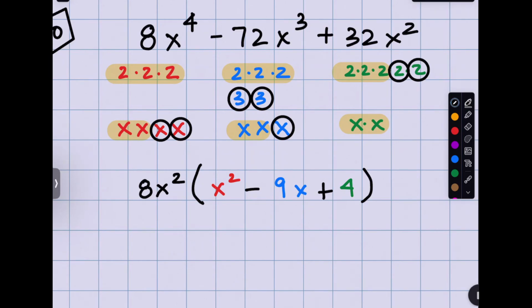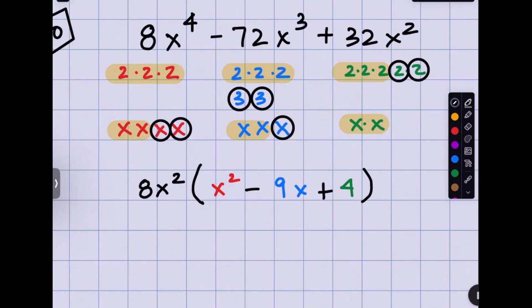How do we do? Where are our speed bumps? Where are we getting stuck? So what's inside the parentheses is called what's left.